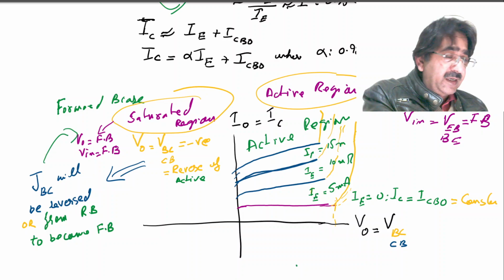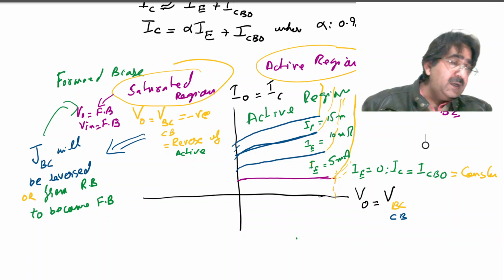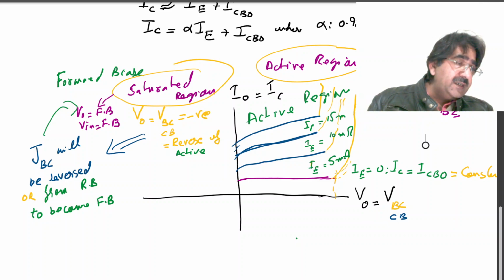Okay, so this will be an active region because the output is a reverse bias and the input is a forward bias.